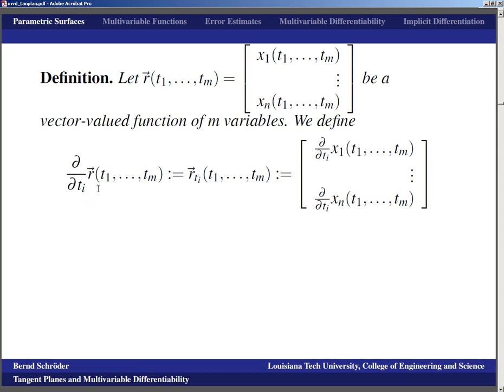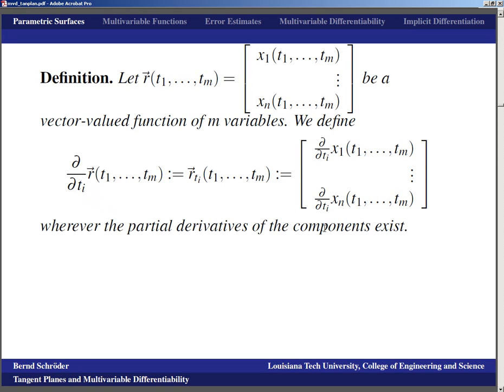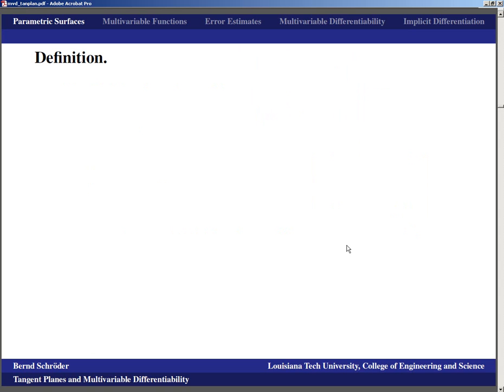So this notation, even if we hadn't defined it, we ought to have been able to interpret correctly. And of course, that only works whenever the partial derivatives of all the components exist. Otherwise, the function doesn't have that partial derivative at that particular point.